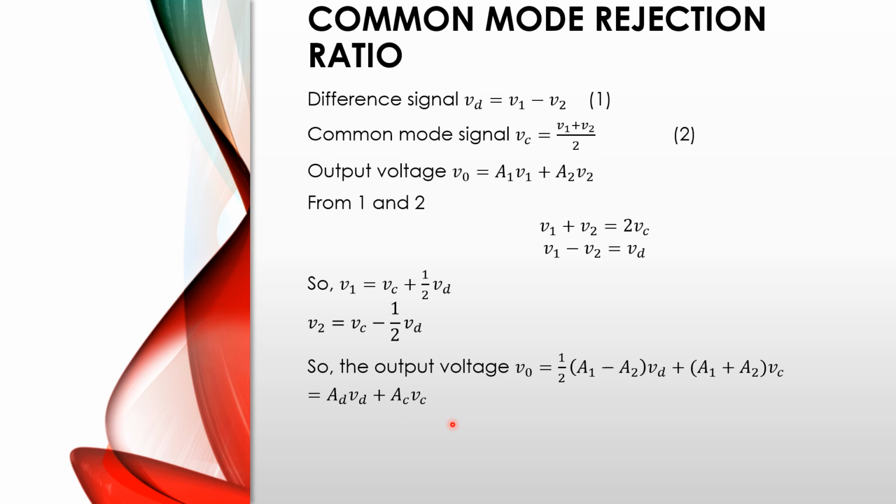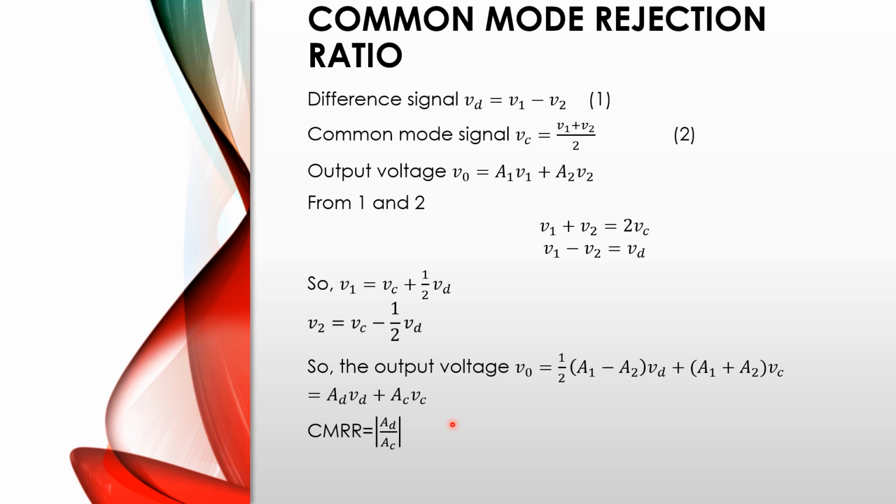And so here we get the common mode rejection ratio, that is the ratio of the difference signal gain and the common mode signal gain, which is called the common mode rejection ratio, CMRR. Since Ad needs to be large and Ac is very small, the amplifier must be so designed that the CMRR is much larger than unity.